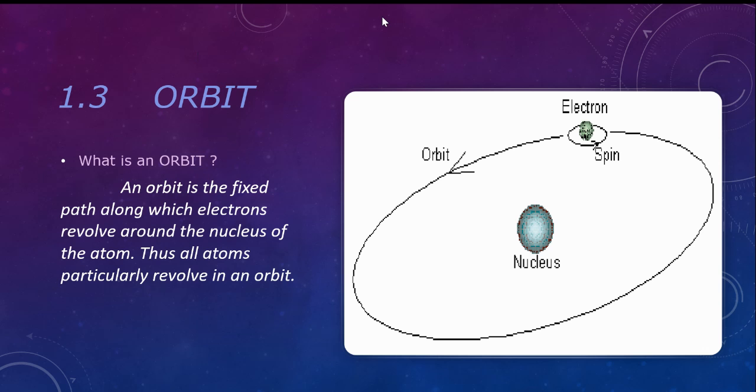So as we move away from the nucleus, the size and also the energy of each shell or orbit will increase.